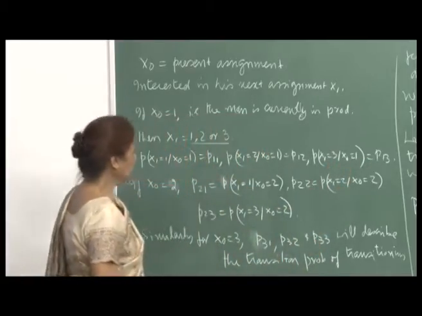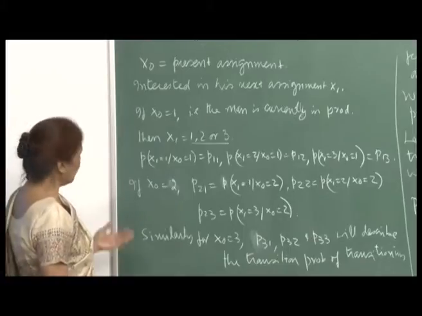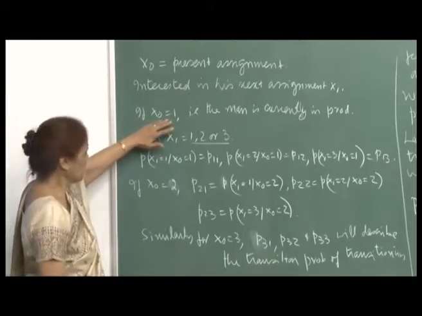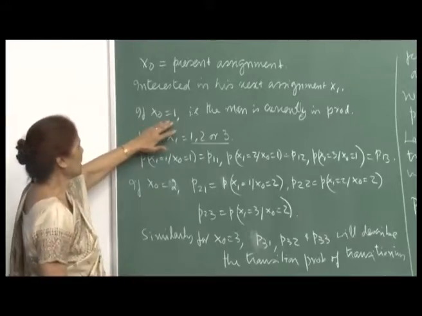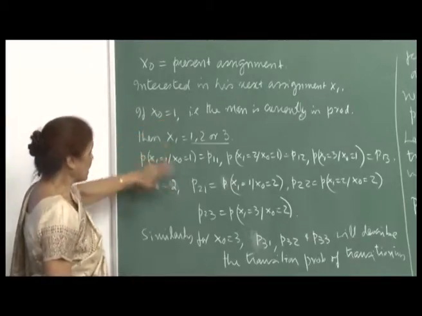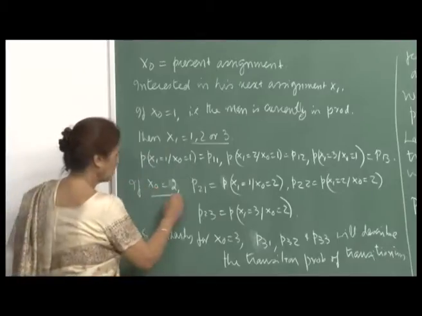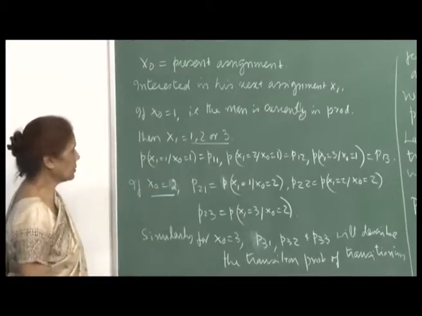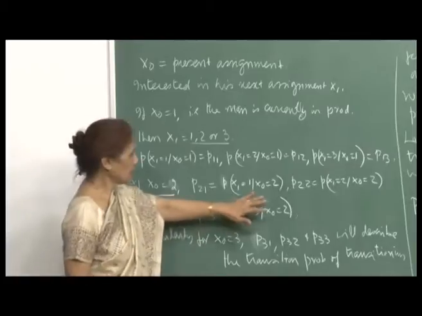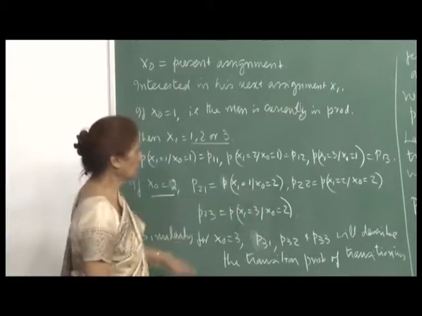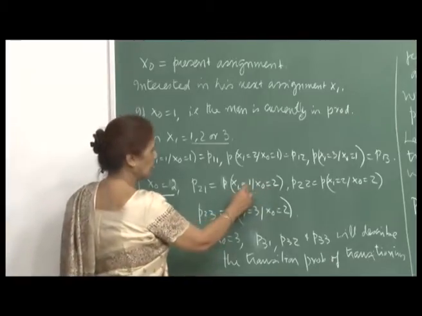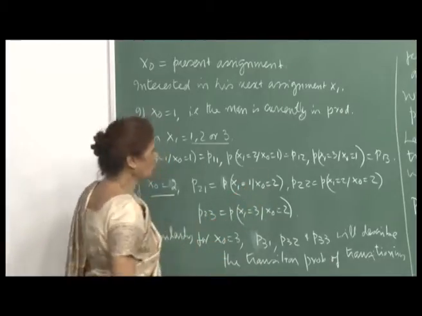So, these are the first step transition probabilities if you know where he is at the beginning of the planning horizon. That is, if you know x naught is 1. But if x naught is 2, then of course again the transition probabilities will be different, in the sense that now what is his probability of going from 2 to 1, that means he is in HR, and then the probability that he will be assigned to production.